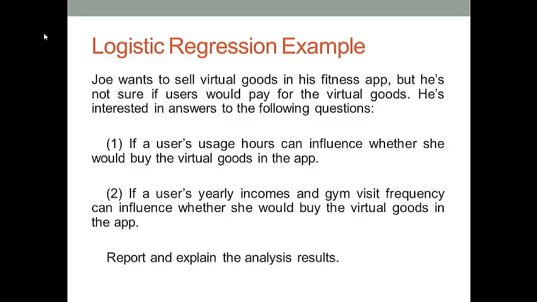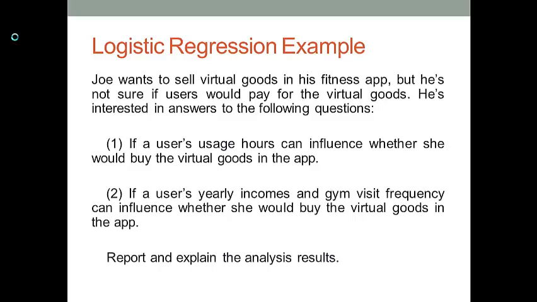Each one of the customers would give us a yes or no answer. So currently in our data set, we have 100 yes or no answers. We want to use this sample to build a model in order to predict if a customer from the population would buy the virtual goods or not.